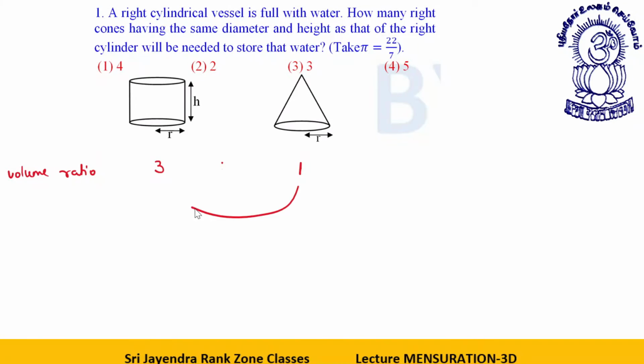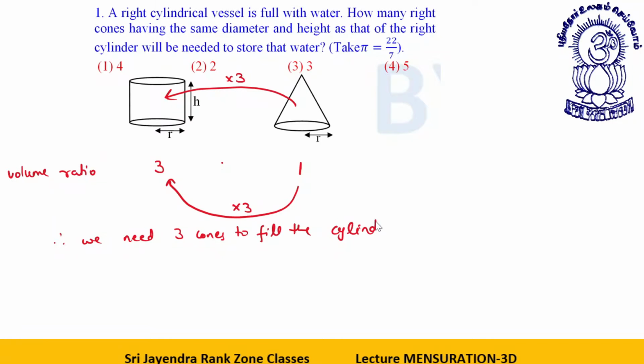So if you multiply this cone with 3 and put it into this cylinder, it will be full. So what we do? Multiply by 3 and put it into it. Therefore, we need 3 cones to fill the cylinder.